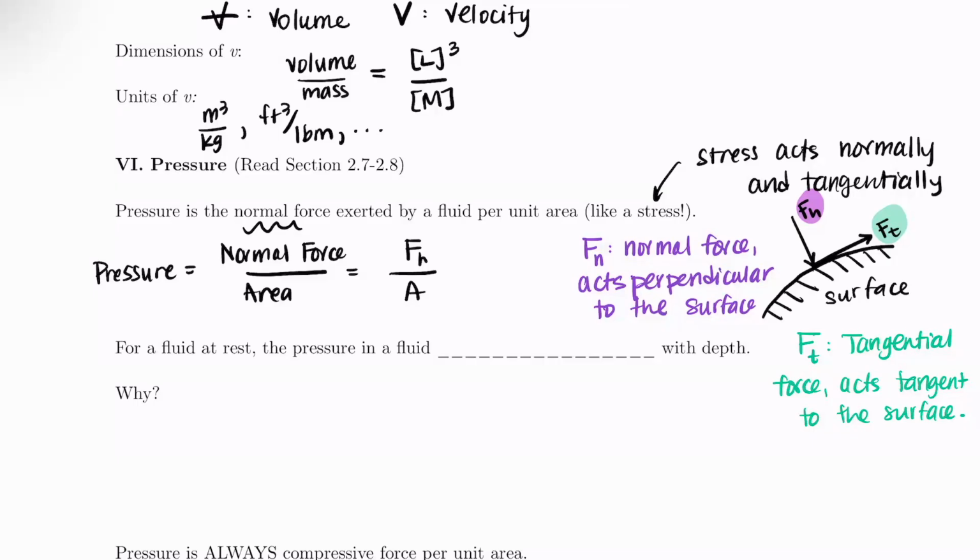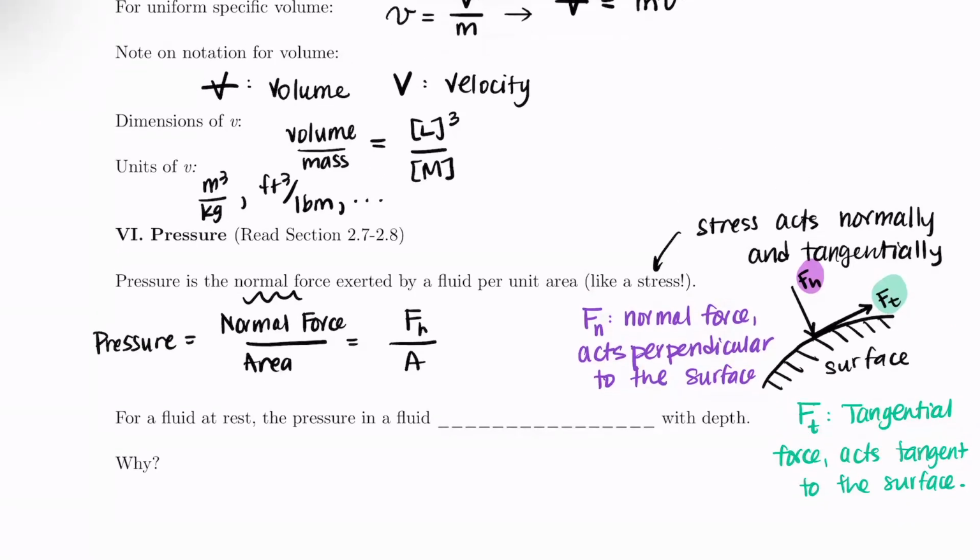So if I were to draw kind of what pressure is going to look like on a general body, if this is our random blobby shape that we have, pressure is going to act always normal to the body. Okay? So that's our pressure forces.